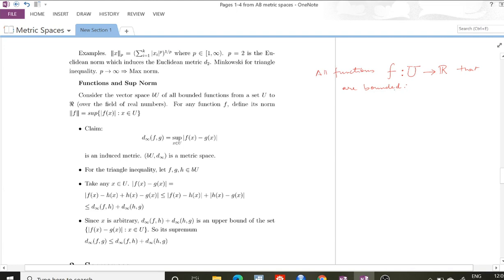By bounded, I mean this: f is bounded if there exists a real number k such that when I measure f of x in absolute value, that's less than k. And this is true at all x in the domain.